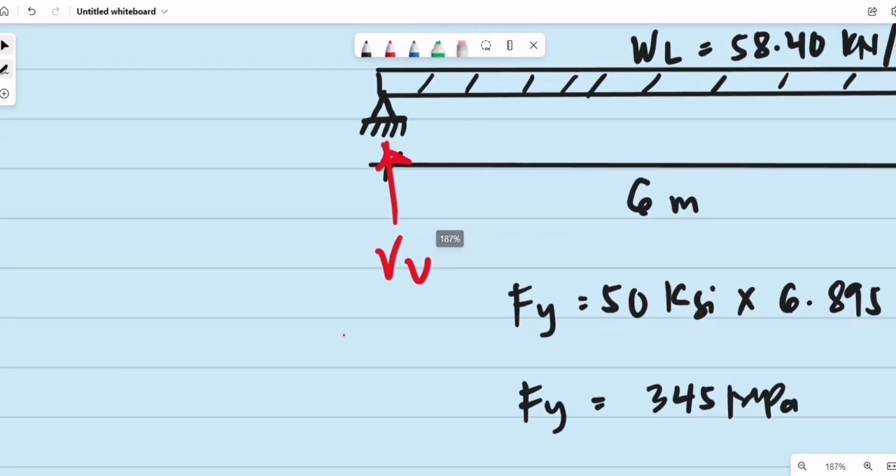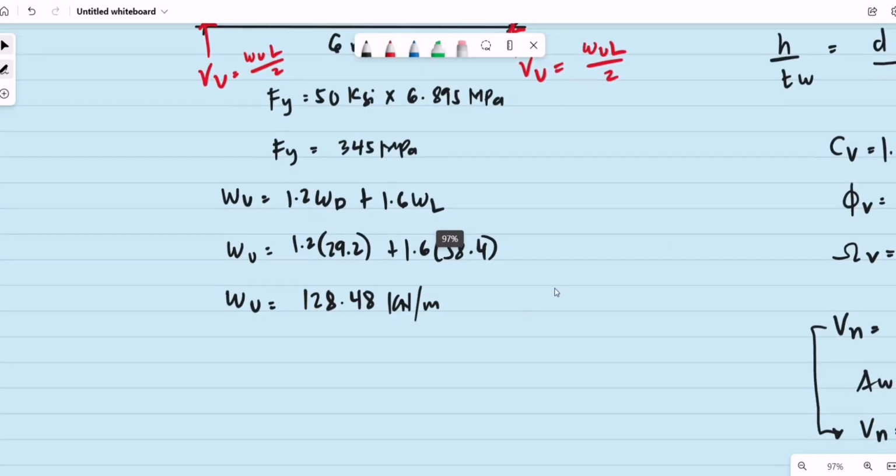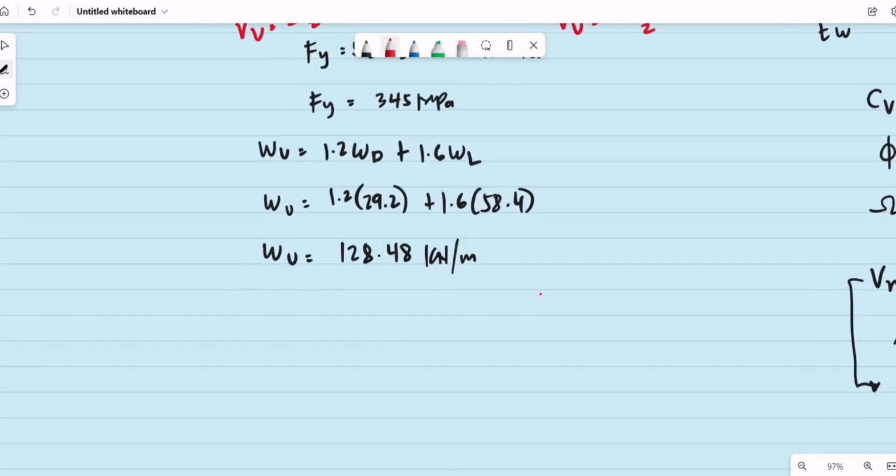Basically that is equal to the support reaction, our R, or simply our ultimate shear V sub U, equal to the ultimate uniform load times the length of the beam divided by 2.